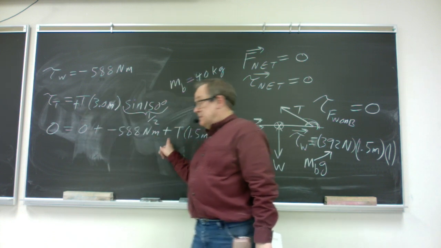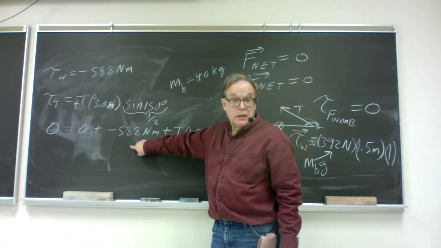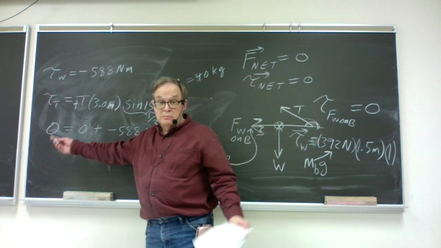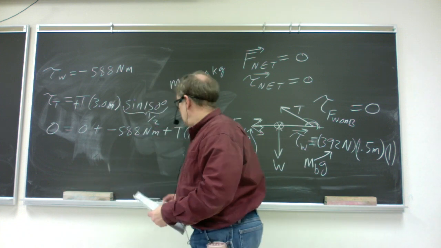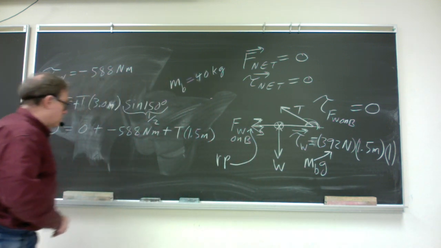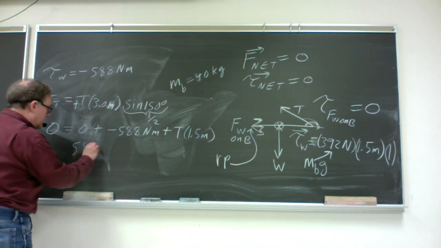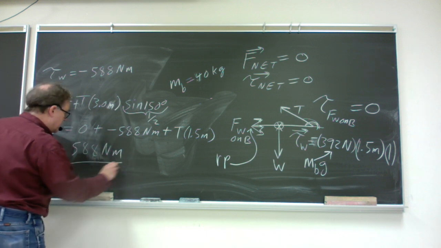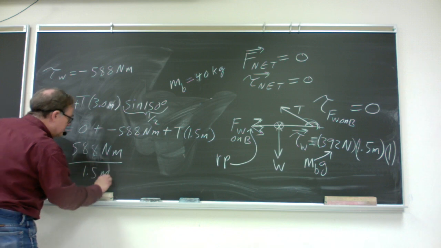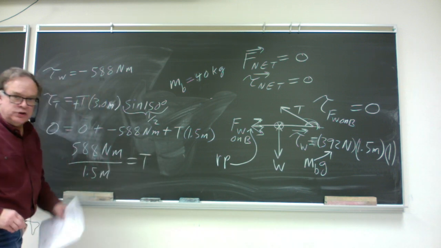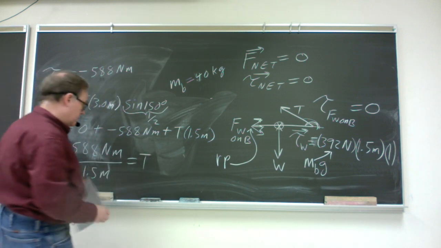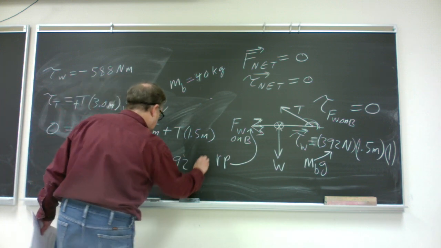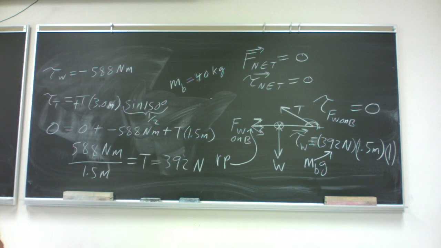So it had to be a positive torque in order to cancel out this negative torque, because we knew the net torque was 0. So we just do the algebra here. 588 newton meters divided by 1.5 meters is the tension in newtons, and that'll come out to 392 newtons.